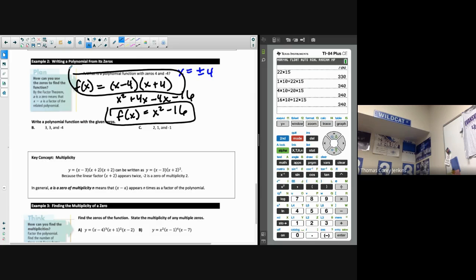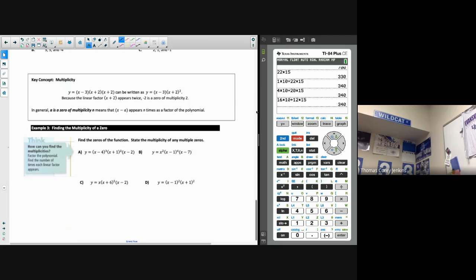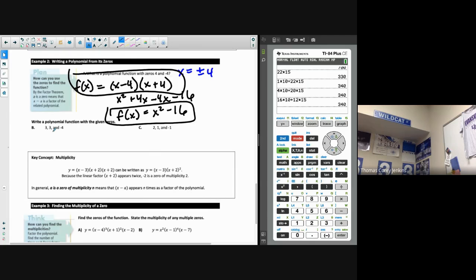So I'll leave C for you, and I'll do B. Yeah, let me do B, and then you can do C. Okay, so given the zeros, x equals 3, x equals 3, and x equals negative 4.